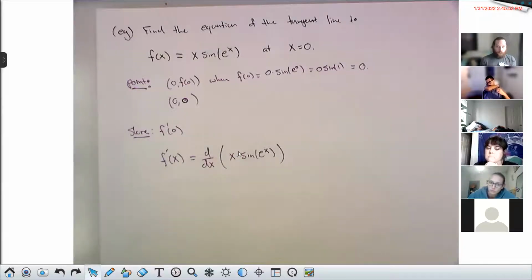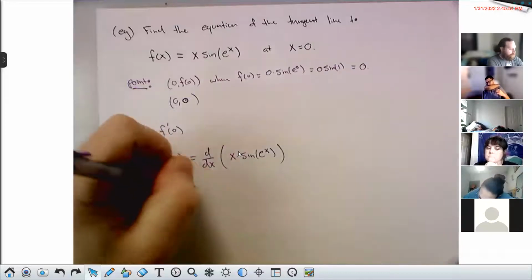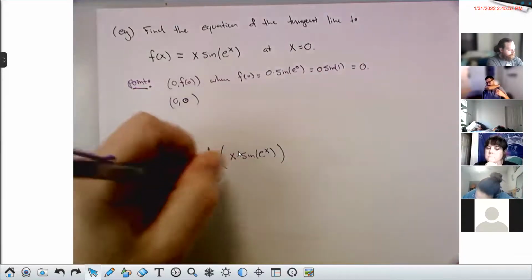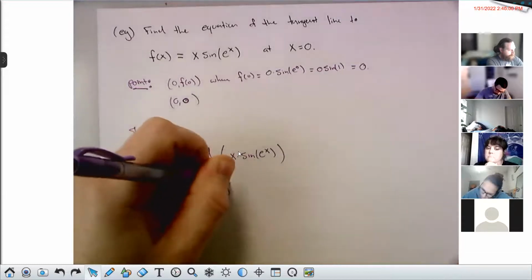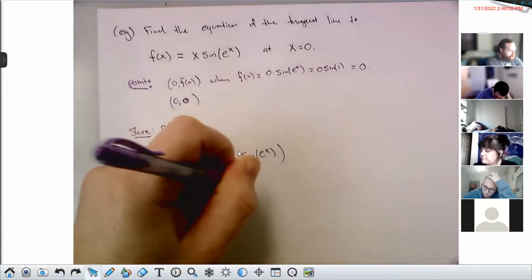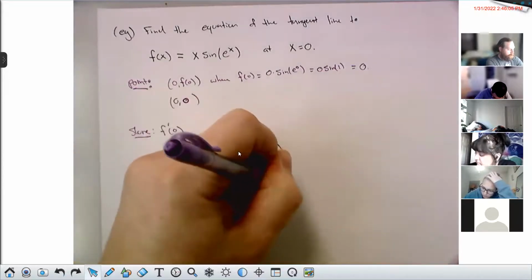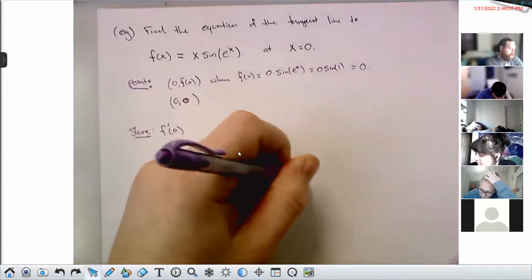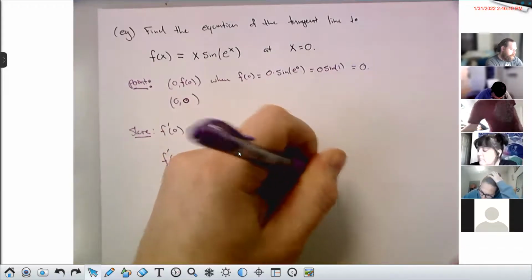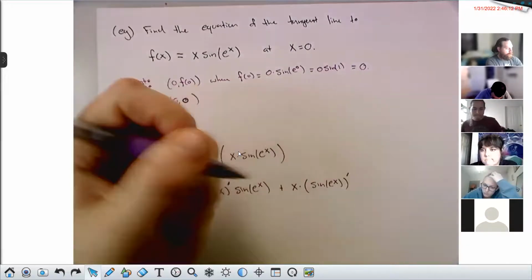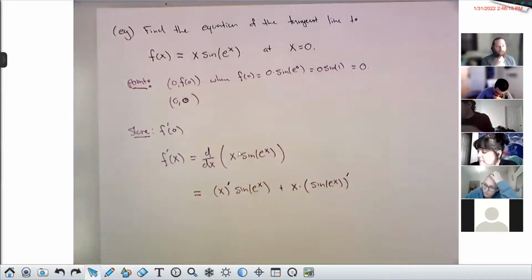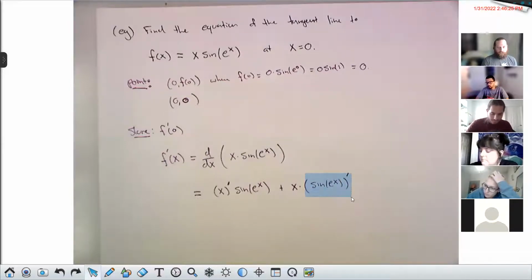This is a product where one of the pieces is a composite. So we first use the product rule. So this would be x prime times the sine of e to the x plus x times the sine of e to the x, all primed. And then this piece requires the chain rule.